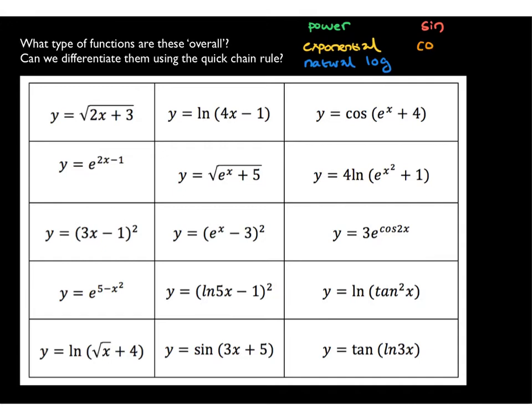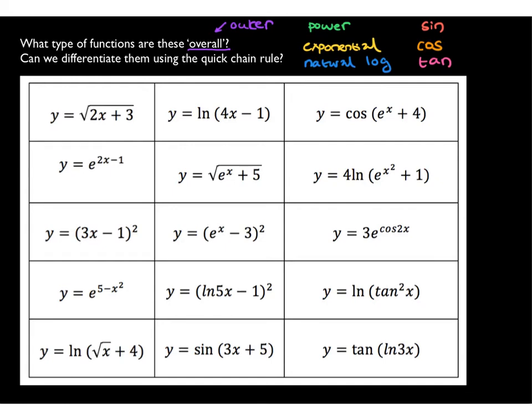Or cosine functions? Or tan functions? Identify the overall or the outer function in each case, and then we'll have a look at differentiating them using the quick chain rule. So I'm going to pause for a minute and I will highlight each of the different types of function using different colours.